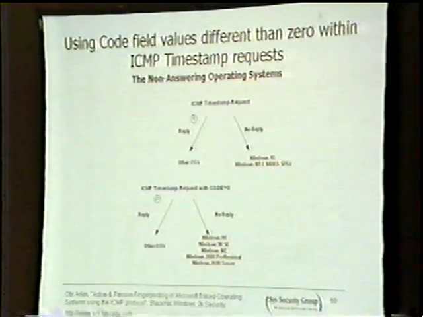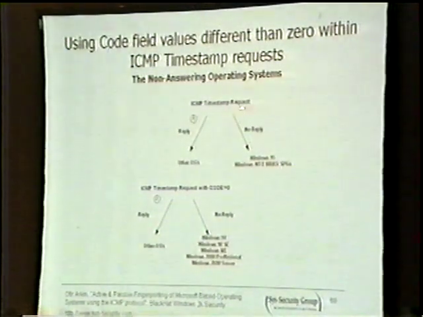With an ICMP timestamp request sending the code field different than 0, I had a revelation, I have to say. No reply to a regular timestamp will I get from 95 and NT4 machines with SP4 and above. Other operating systems, if they are not configured otherwise, will answer out of the box.